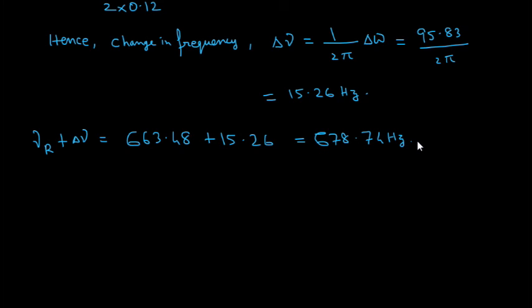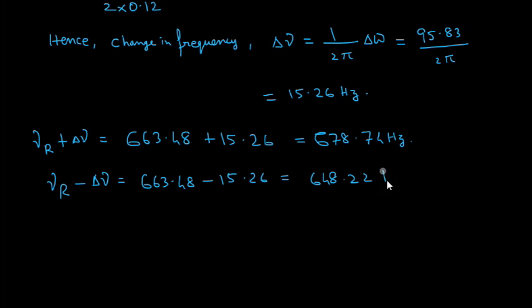Now nu r minus delta nu is equal to 663.48 minus 15.26, which is equal to 648.22 Hertz.